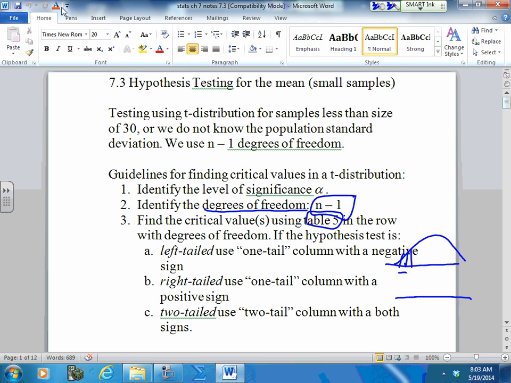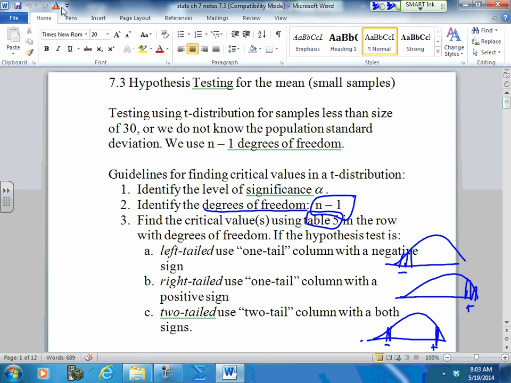If it's a right tail, you go to your 1-tail and make it a positive value. If it's a 2-tail, you go to your 2-tail and one's a negative and one's a positive. You don't have to divide anything in 2. All you have to do is find your degrees of freedom and your level of significance.